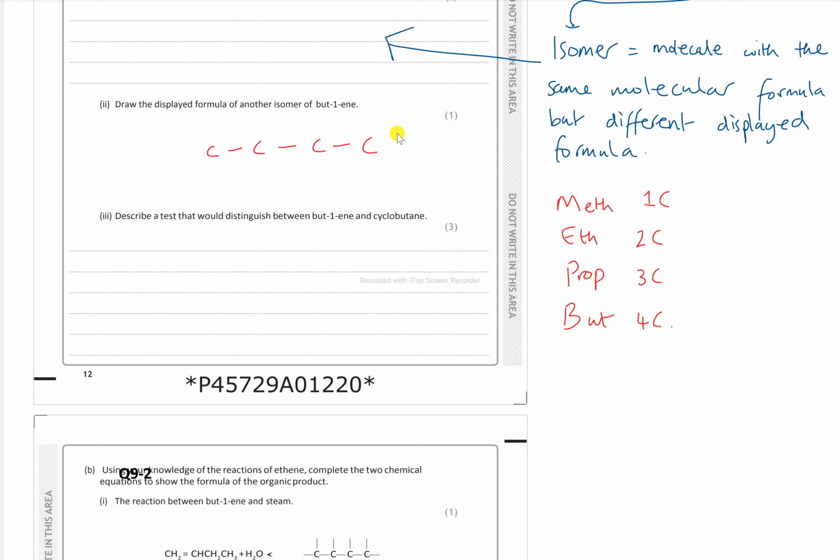But it's an ene, and it's 1, so the double bond is there. Each carbon atom is allowed 4 bonds. Stick a hydrogen at the end of that. That's 1.